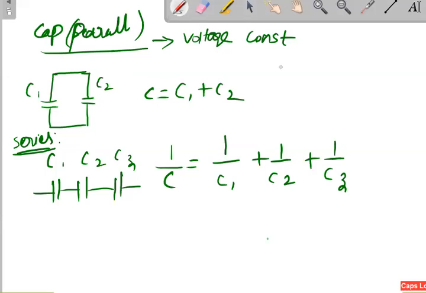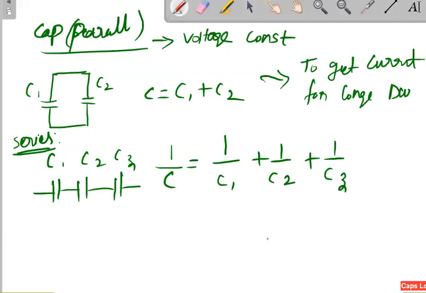It gives current for a longer duration. When should we go for capacitor parallel combination? To get current for a longer duration.